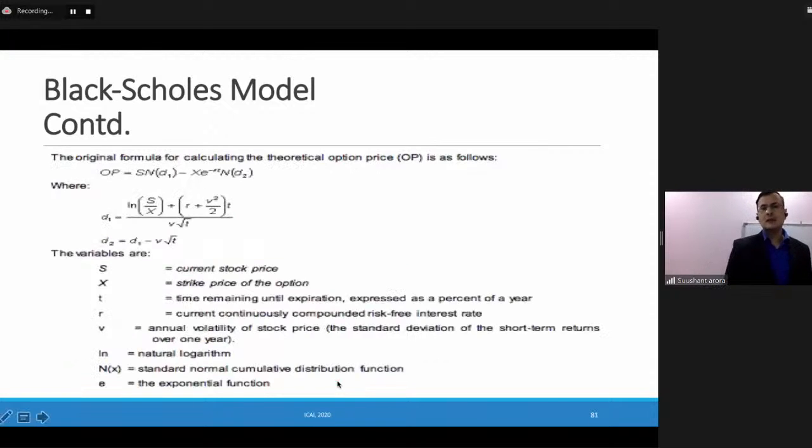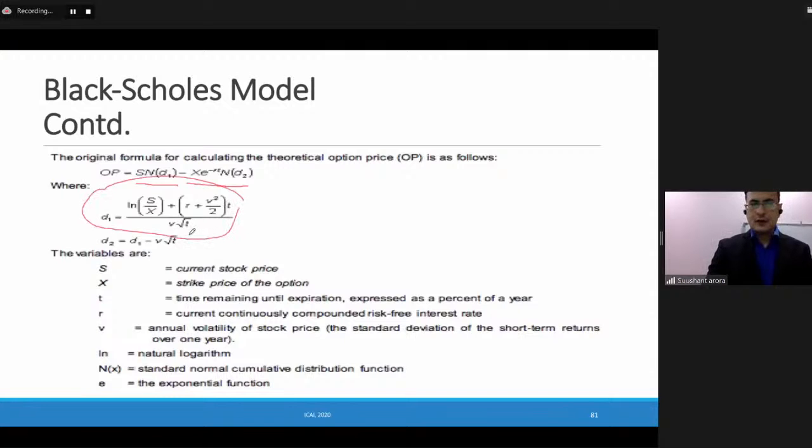So this is the formula which I have already given to you to calculate the Black-Scholes model. The theoretical option price is a composition of two things: S N(d1) minus X e^(-rT) N(d2). The formula for d1, I've already given to you.